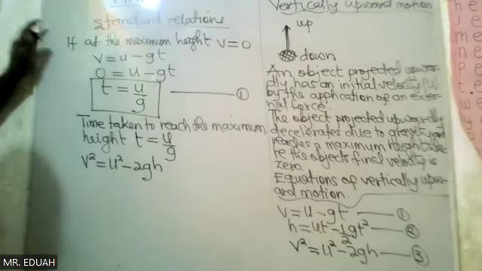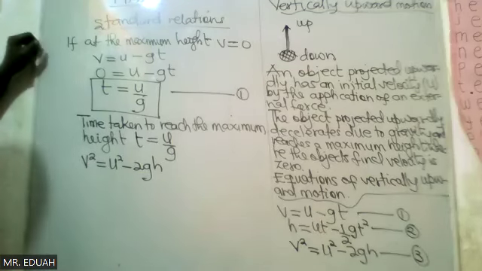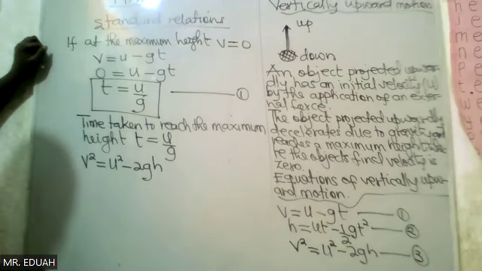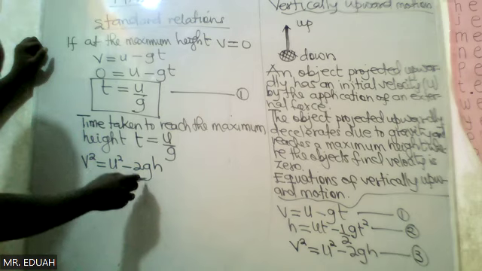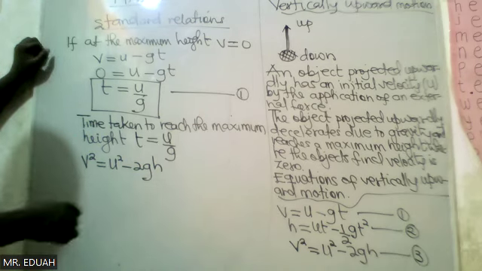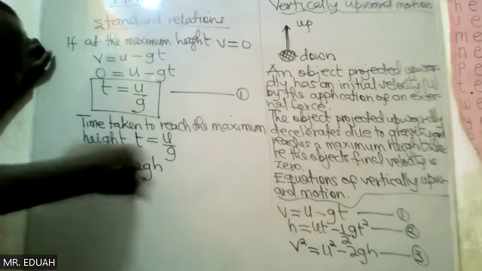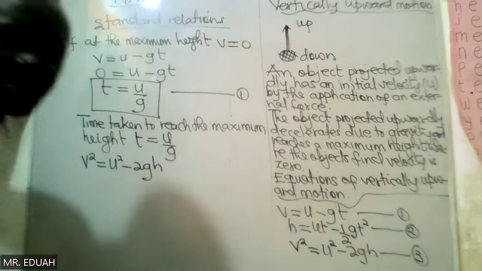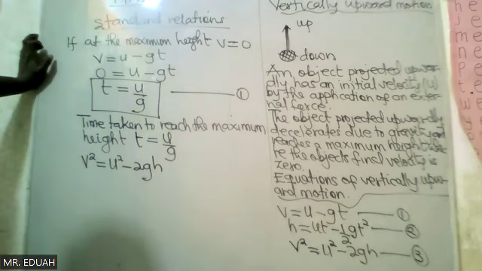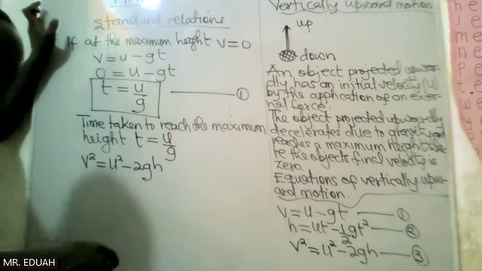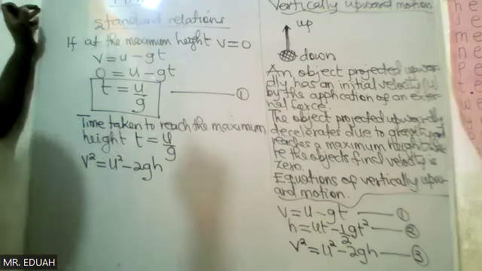Here v is the final velocity, u is the initial velocity or velocity of projection, g is the acceleration due to gravity, and h is the vertical height traveled.